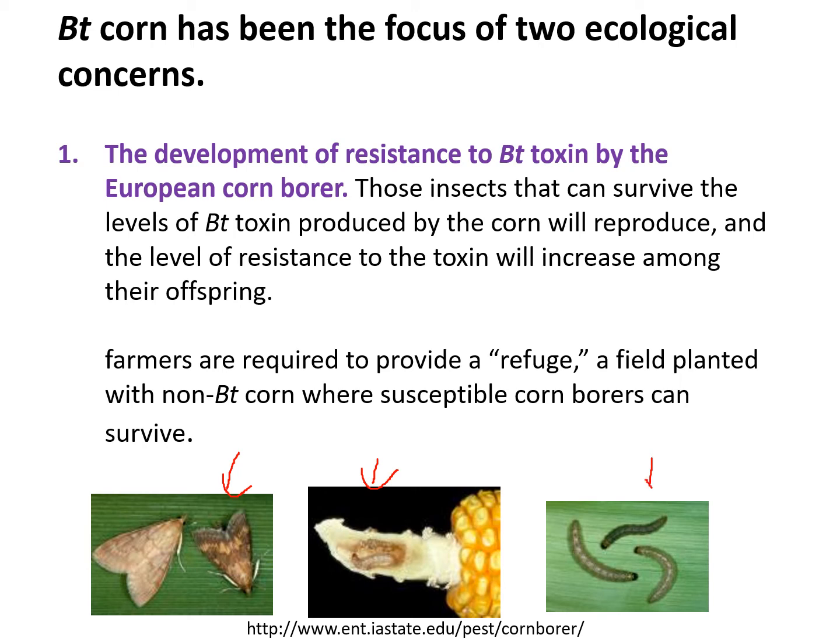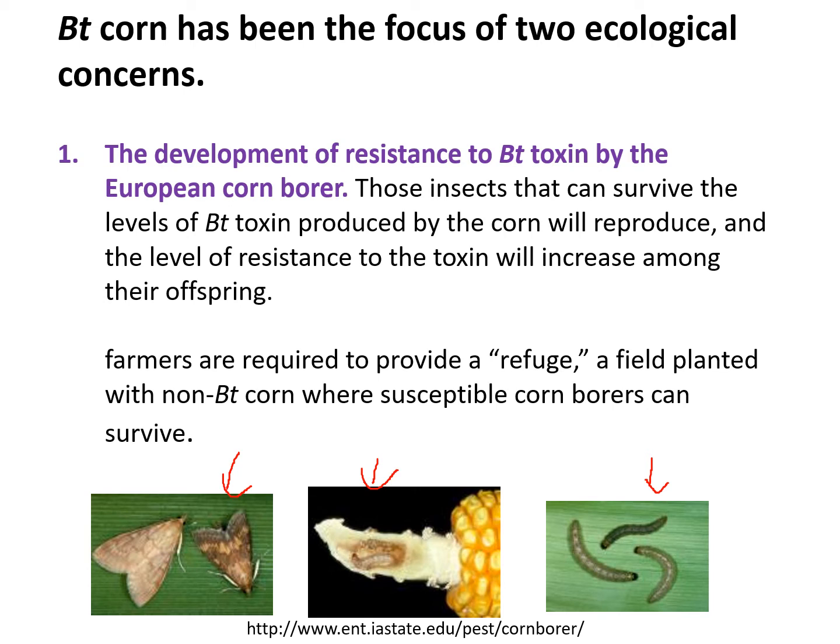They develop into larvae and they eat the corn from the inside out. It causes a lot of damage to corn. So they came up with a genetically modified corn that has this toxin in it that the corn actually produces itself.